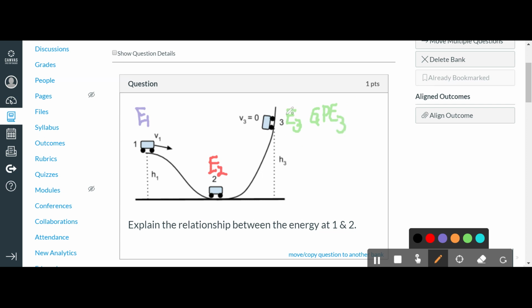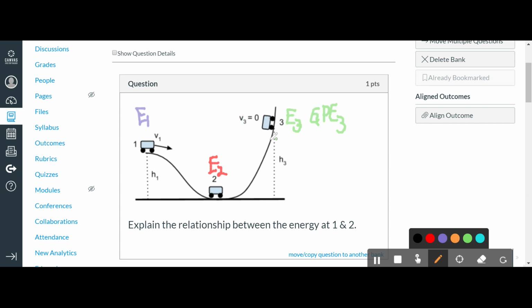Because this gravitational potential energy is different from this one. This height is different, so the gravitational potential energies are different. And here, it has gravitational potential energy.